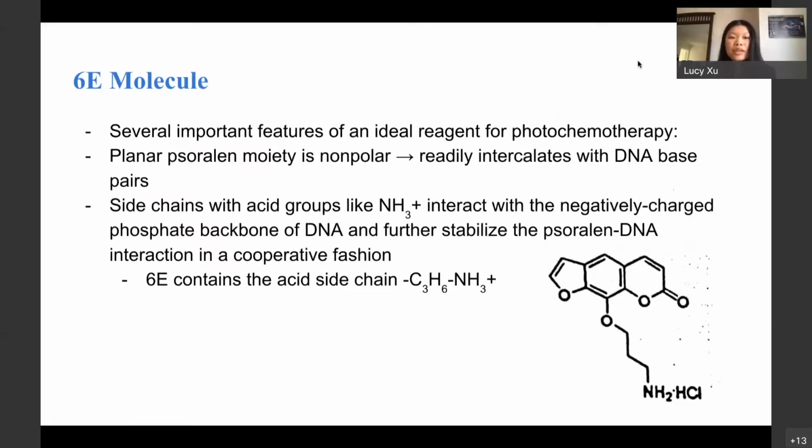The planar sorrelin moiety is nonpolar, allowing it to readily intercalate with DNA bases, which, as we know, are paired based off hydrogen bonds, and side chains with acid groups using the Lewis definition of acids, like NH3+, interact with the negatively charged phosphate backbone of DNA to further stabilize sorrelin DNA interactions. Specifically, 6E contains the acid side chain C3H6NH3+, but it can also be prepared as a salt, which is why you see the Cl in the corner down there.